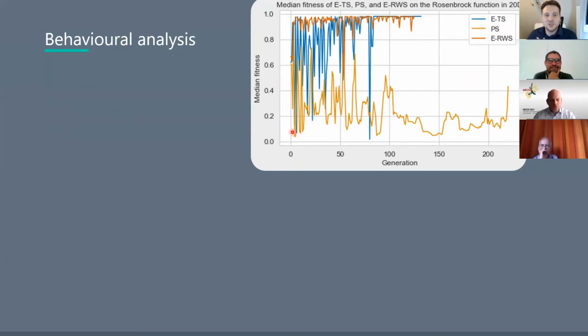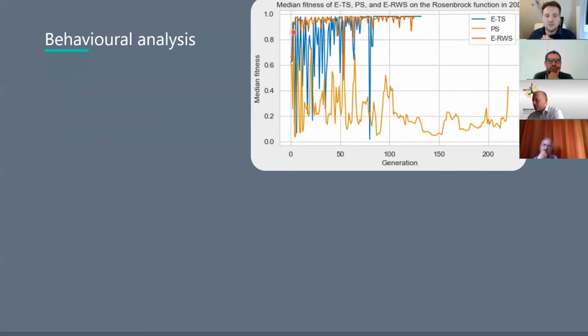So the first pattern we see is that the plus selection has a generally lower fitness, behaving volatile in the lower half of the graph. And recall that the plant propagation algorithm normalizes the fitness values between 0 and 1. So in the lower half of the graph, we find the plus selection.